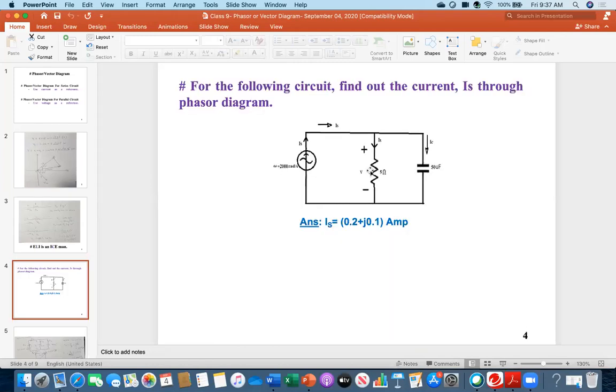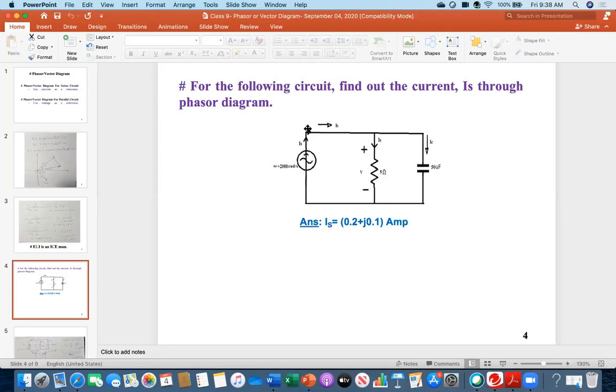Everybody see a problem? Look at this. What am I asking? For the following circuit, find out the current Is through a phasor diagram. Everybody see the circuit. This is a voltage source. No voltage magnitude is given, but omega is given: 2000 radian per second.